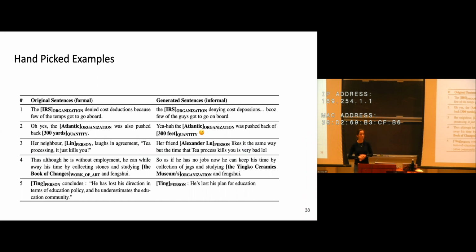So here are some cherry-picked examples of what the sentences look like for this later model. This is the original sentence in the formal domain, and this is what is coming out of the model that is trying to learn how to map to an informal domain. It's nice that it's transformed to this, I think that's pretty cool.